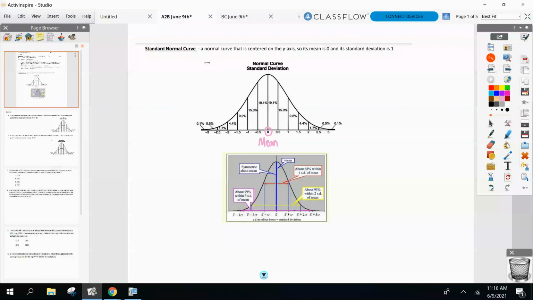How do I calculate the score that's 1 above the mean? That's where your standard deviation comes into play. If you want to find the score 1 above, you do the mean plus your standard deviation. We have been doing problems like that lately. I have my mean score at 0. To see the score that's 1 above, you add your standard deviation to your mean.